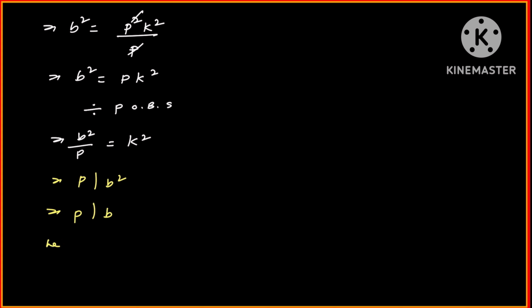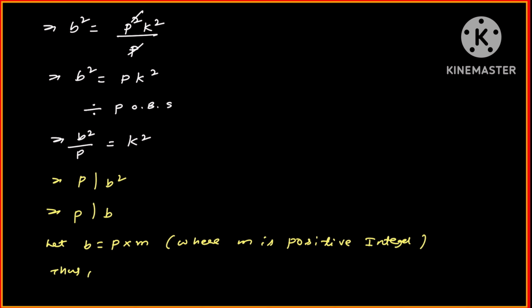That means I can express b in terms of prime into any positive integer, where m is a positive integer. That means p is a factor of b. Yes or no?